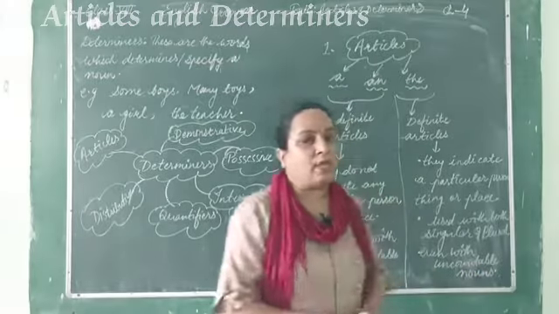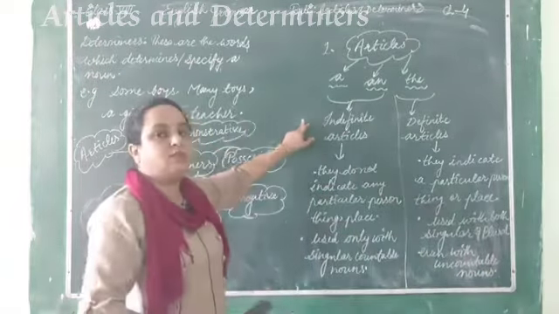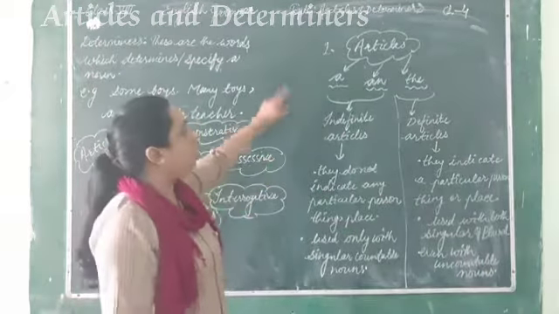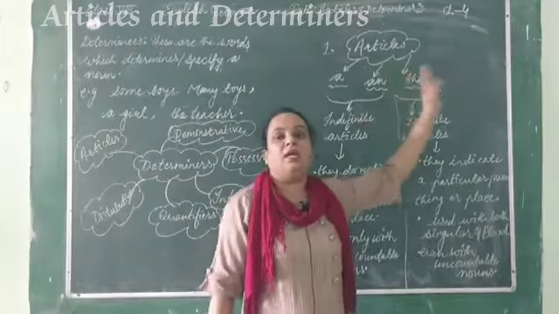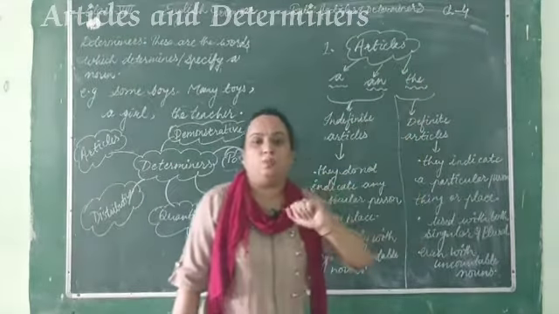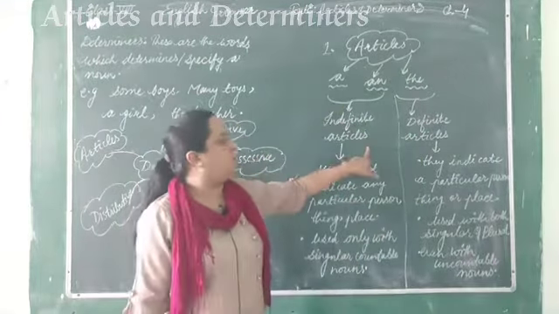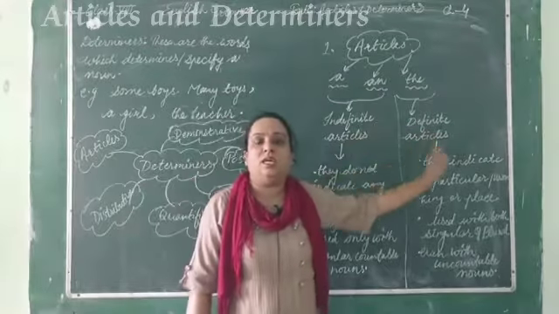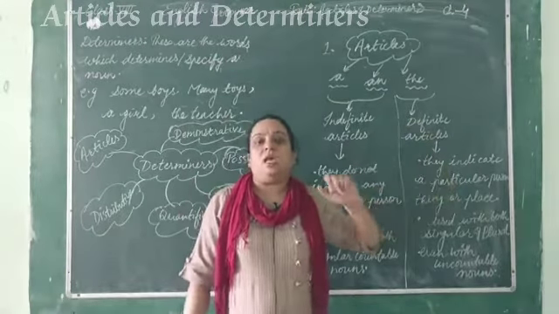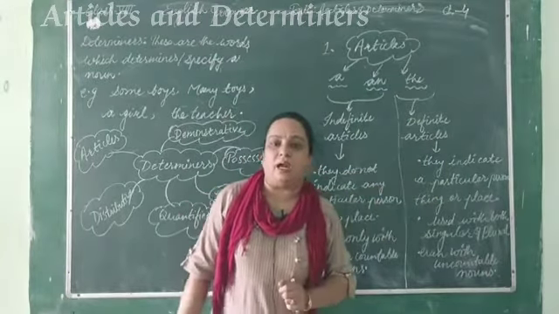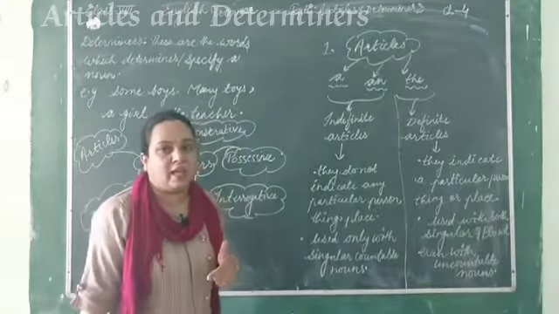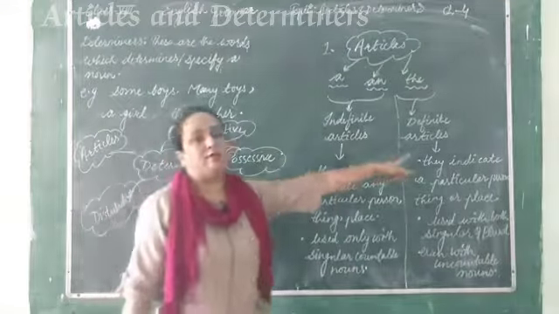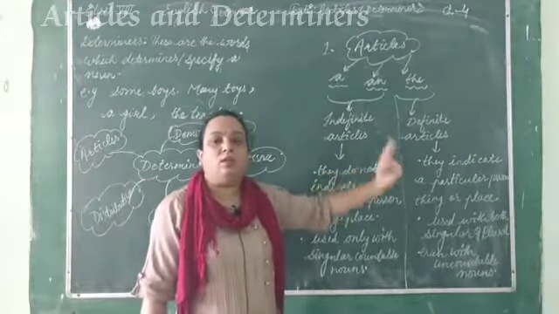Let's have a quick revision of this article determiner, which is the very first kind. We have studied that article determiner is divided into two parts. One is indefinite articles, number two is definite articles. In the category of indefinite articles, we have learnt a and an. And in the category of definite article, we have done the only.